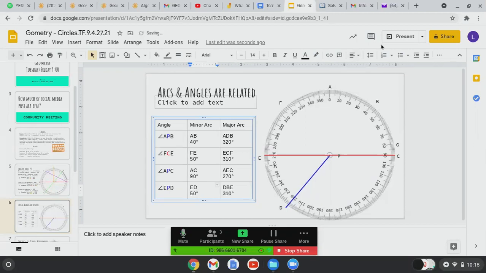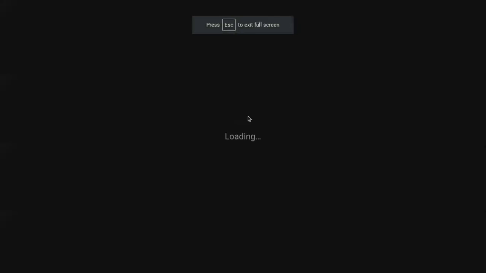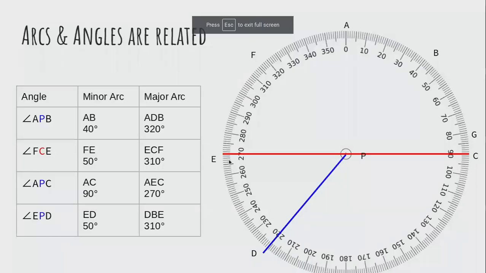Okay, so again, you see that between 2 points, there are a major and a minor arc, and together they will total 360. All right, so the practice was going to be just that. Name an angle. Tell me its type.